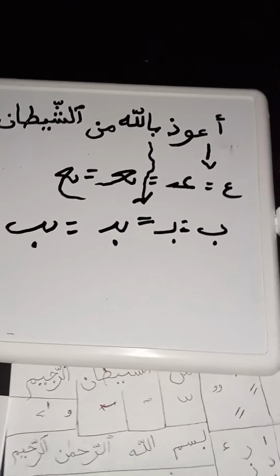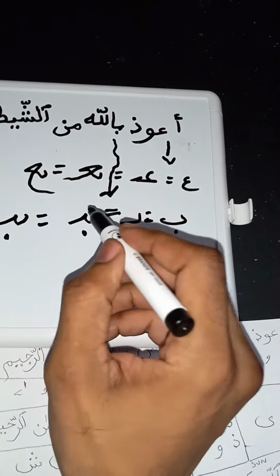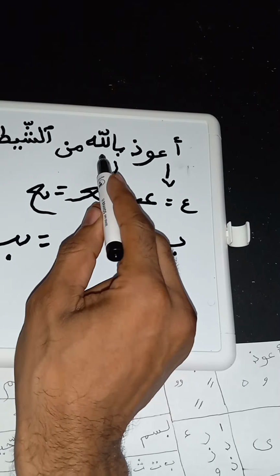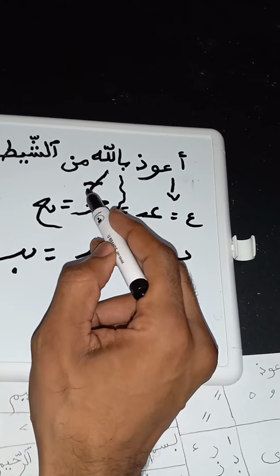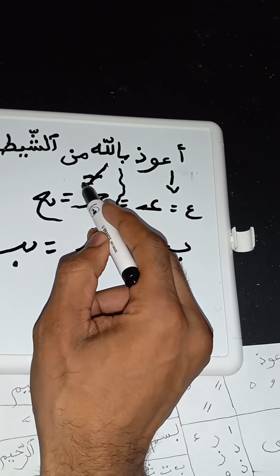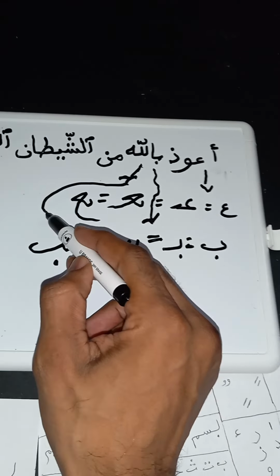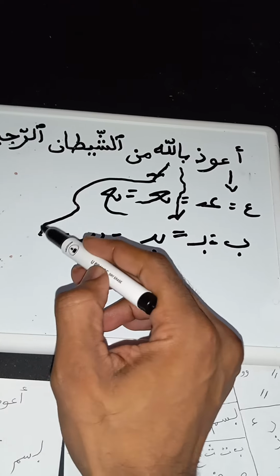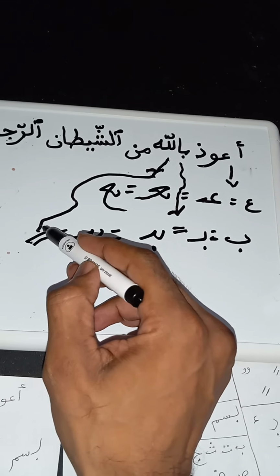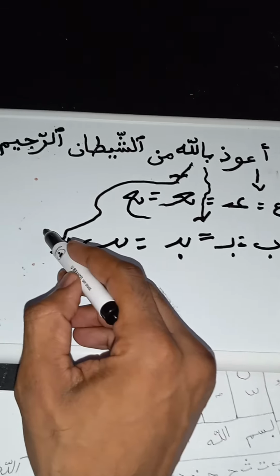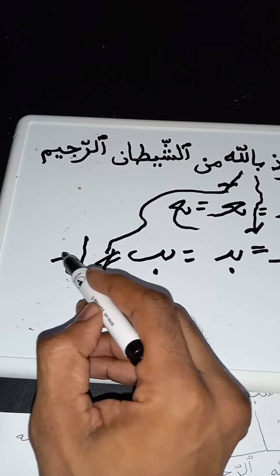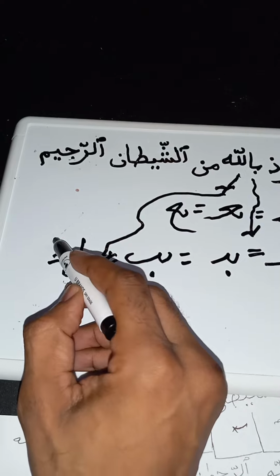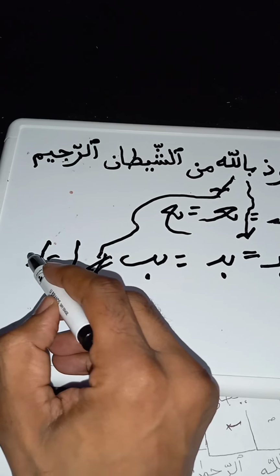Biggest thing for many is this letter Lam. If we trace Lam, we bring Lam down here. Lam would look like this when it's on its own, but then at the beginning of the word it looks like that.